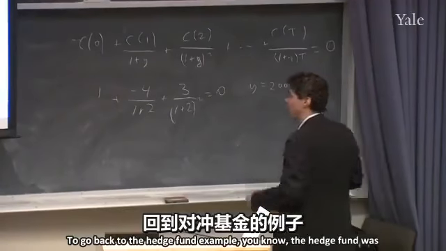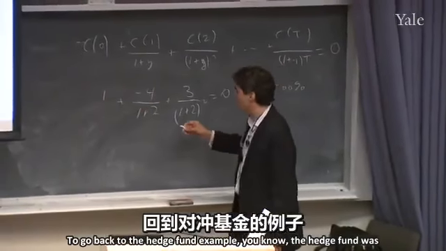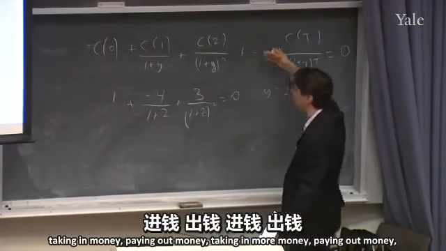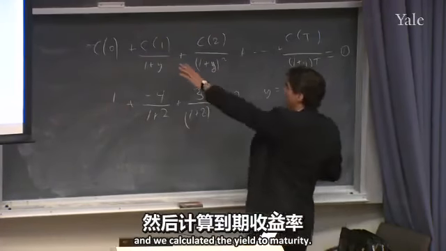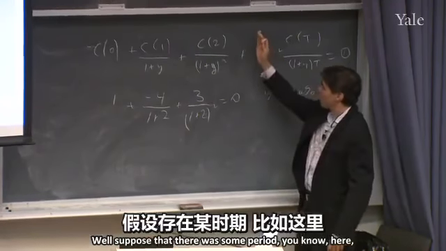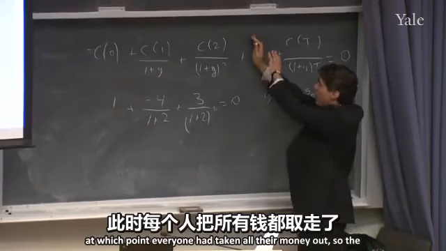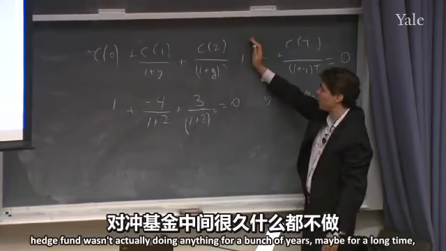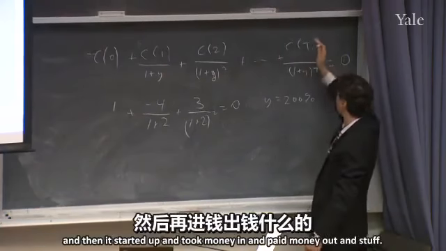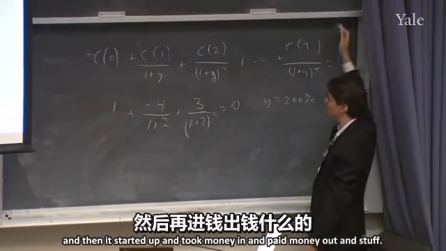To go back to the hedge fund example, the hedge fund was taking in money, paying out money, taking in more money, paying out money, and we calculated a yield to maturity. Well, suppose that there was some period at which point everyone had taken all their money out. So the hedge fund wasn't actually doing anything for a bunch of years, maybe for a long time, and then it started up and took money in and paid money out.